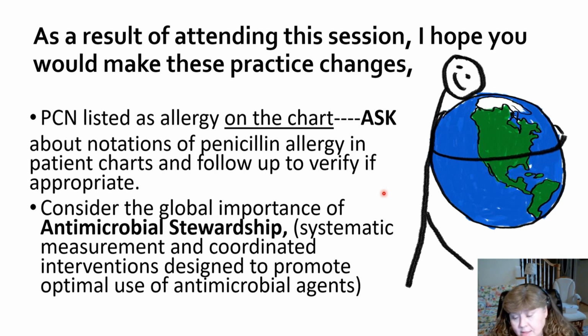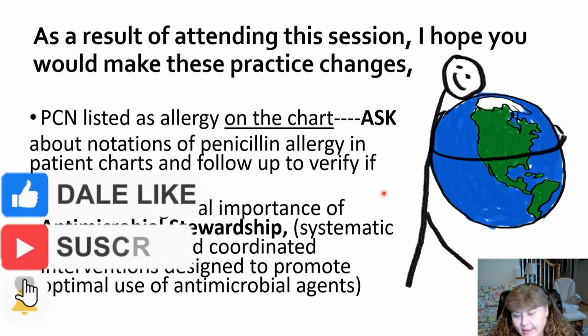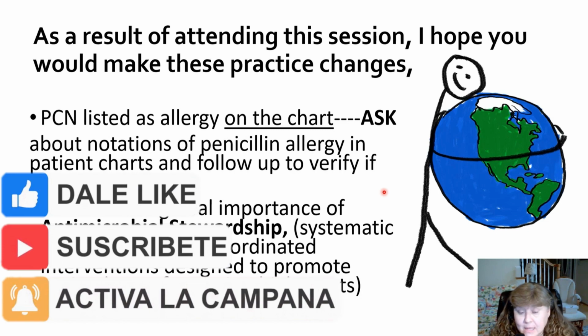And if you're not certain, refer them to an allergist who can do skin testing if that's indicated, or an oral challenge, or both if that's indicated, so that we can get the penicillin label off of their chart. Because it's really important in the grand scheme of things. We want to consider the global importance of antimicrobial stewardship. And we know that it takes a coordinated effort from everyone to be able to promote optimal use of antimicrobial agents. So thank you very much.